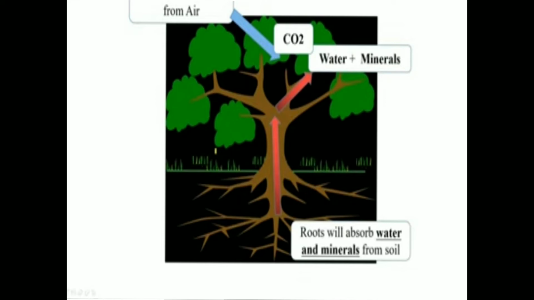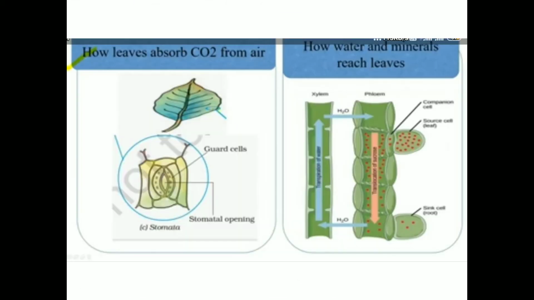Now, it's important to understand how these raw materials are transferred to leaves. We know that plants take carbon dioxide from air and water and minerals from soil. Let's understand how leaves absorb carbon dioxide from air.